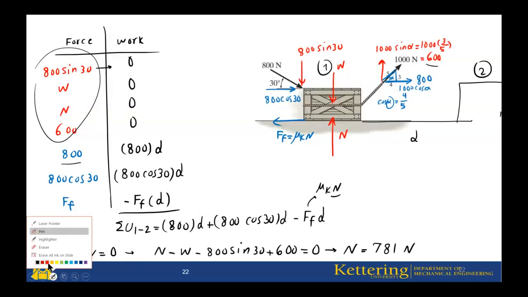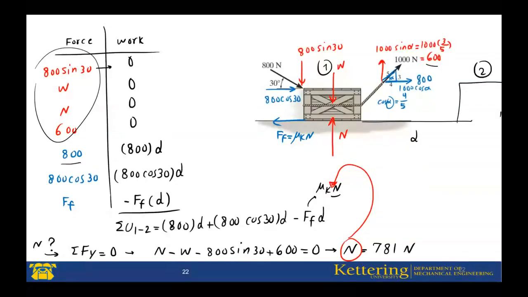Then, if you substitute the normal force into this equation and add those numbers, we get 800 plus 800 cosine 30 minus the coefficient of friction, 0.2, multiplied by 781.